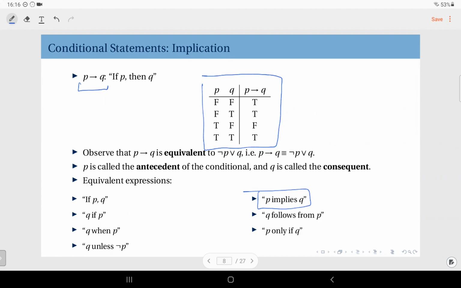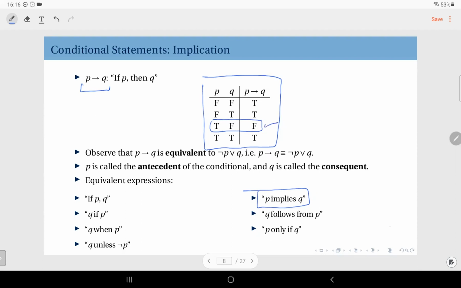Okay. Now, let's look at the other input combinations, because this is, I believe, easy to understand. When P is true, if Q is not true, you would expect P doesn't imply Q, right? There is no implication there. Therefore, it's only natural that this input combination should yield a false output.